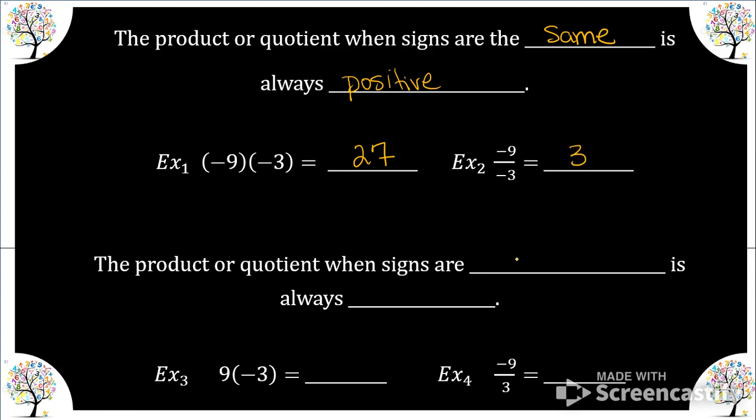The product or quotient when signs are different is always negative. So these rules are pretty easy to remember. So we have a positive times a negative, we're going to get a negative product, and when we divide two numbers with opposite signs, we're going to get a negative quotient.